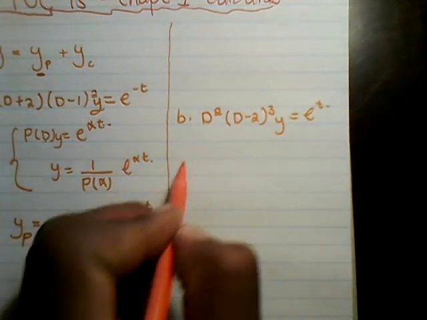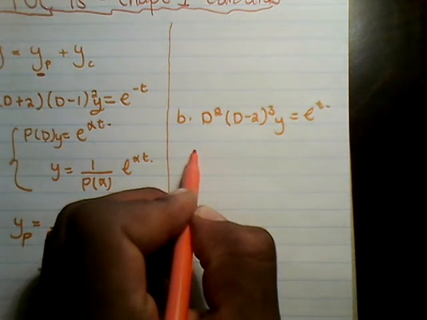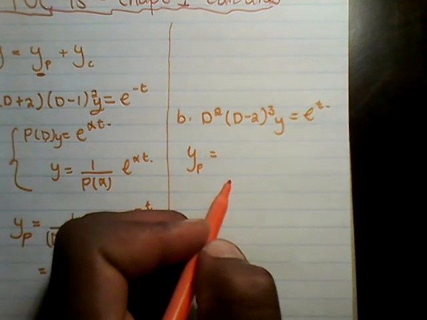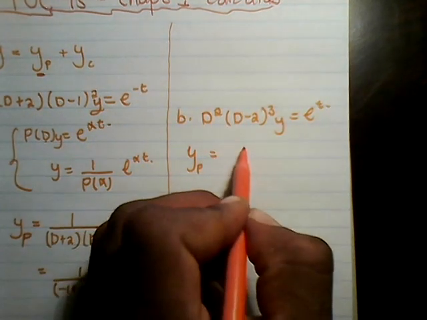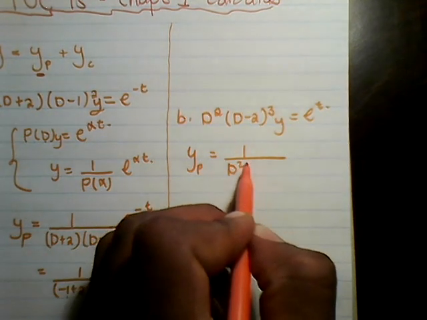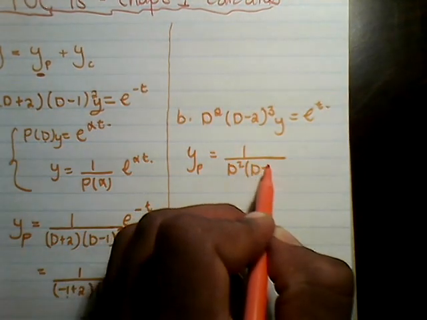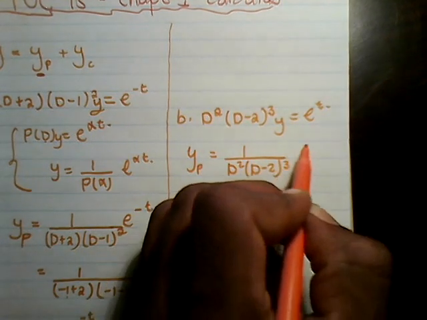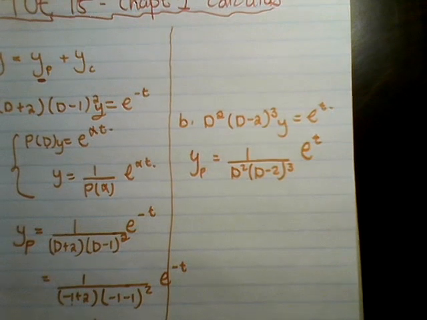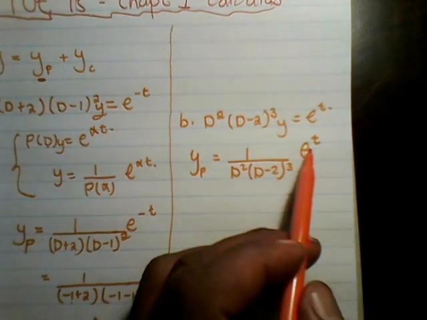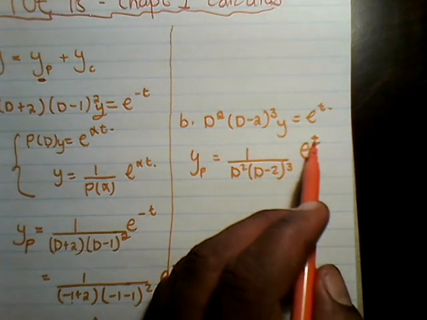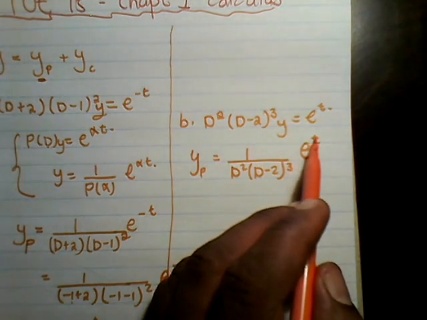Now we're going to do what we did in the previous example. Yp is equal to 1 over D squared multiplied by (D minus 2) cubed, e to the power of t. When we check this out, we realize that our alpha is equal to 1. So where there is D, we put 1.